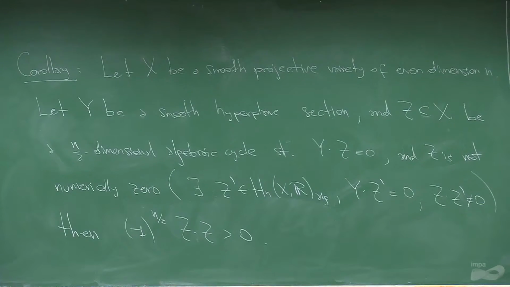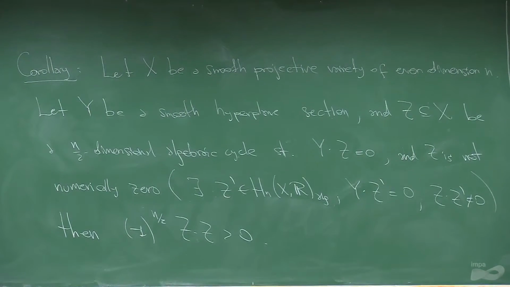And since it's algebraic, we know that it's a Hodge cycle, right? So this Z PD lies in the middle part of the Hodge decomposition. Right?